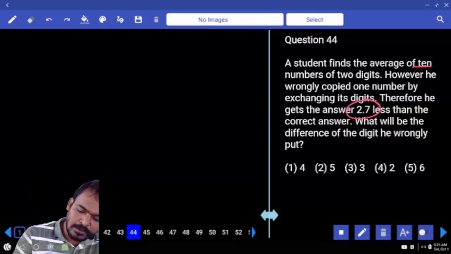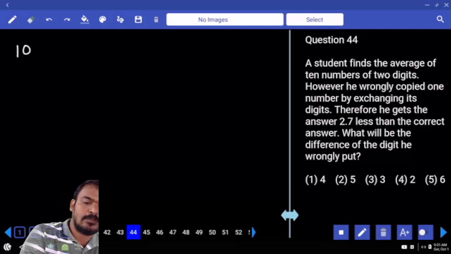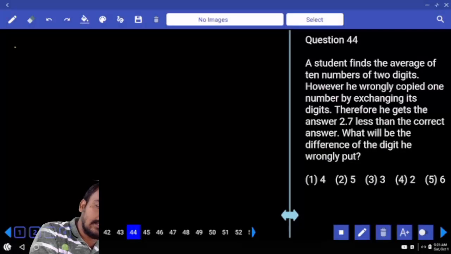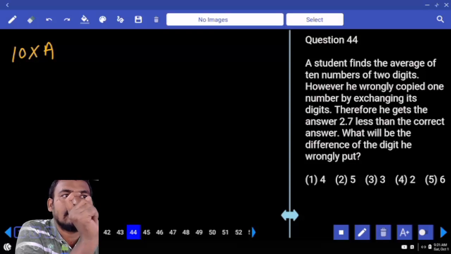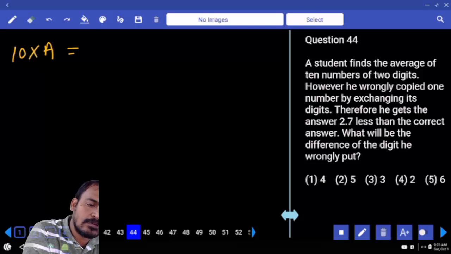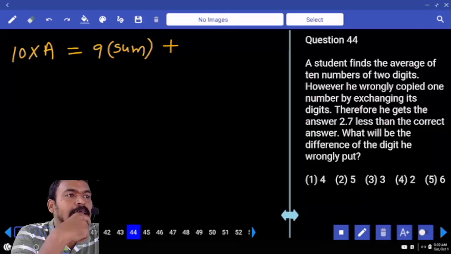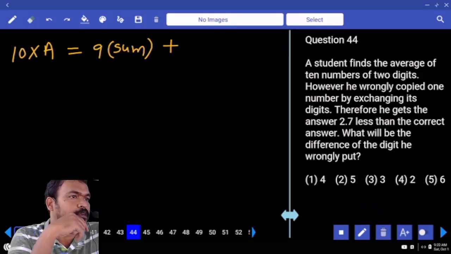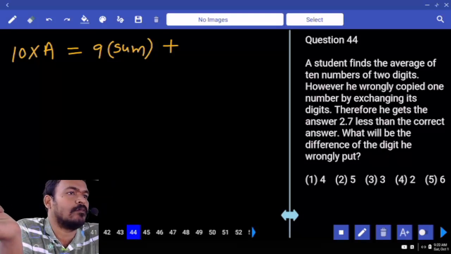Okay. First, total how many numbers? 10 numbers or not? Suppose the 10 numbers' average is A. What is the sum of the 10 numbers? 10 into A or not? What is the number of observations? 10. Average value A. Sum is 10 into A, or not? That is equal to 9 observations sum plus the 10th observation, or not? Left hand side, 10 observation sum, equals right hand side, 9 observation sum plus one of the numbers.